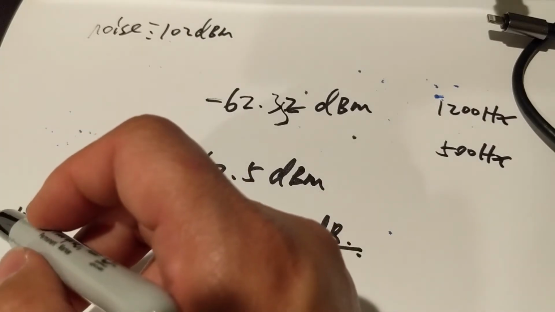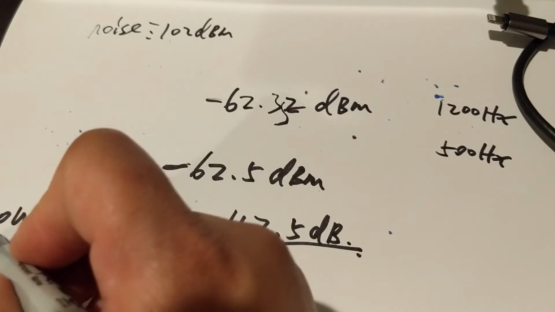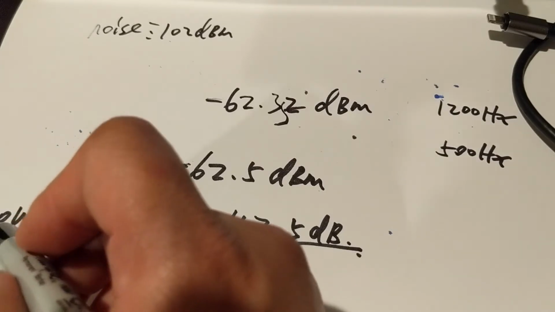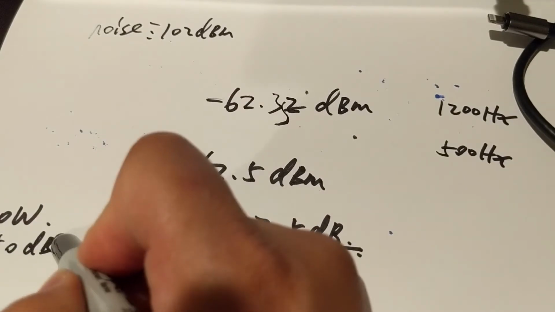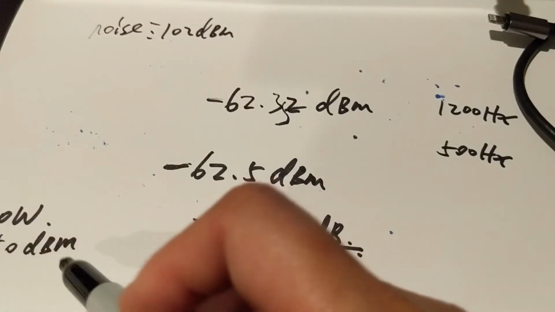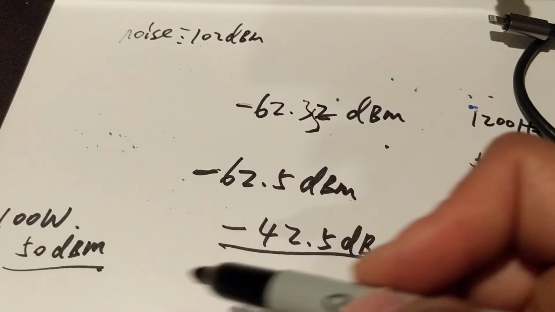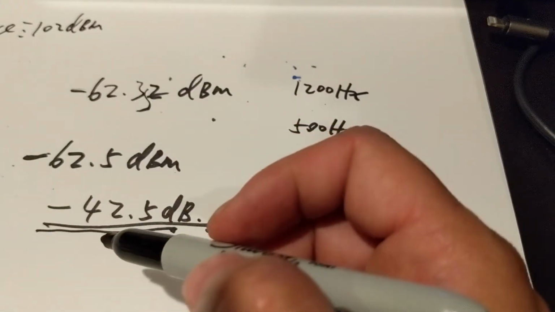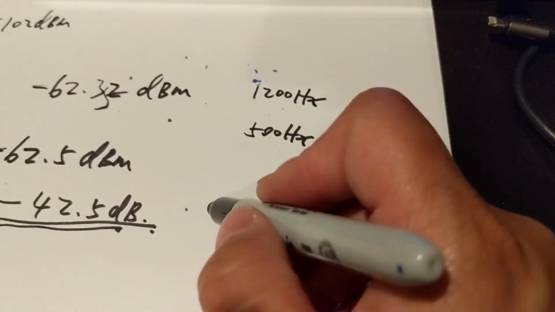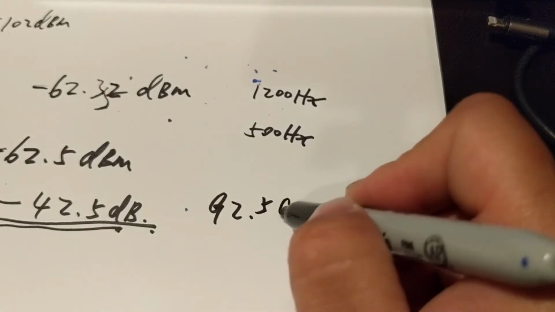It's about 50 dBm. So I send 50 dBm out and receive negative 42. So the attenuation is around 92.5 dBm.